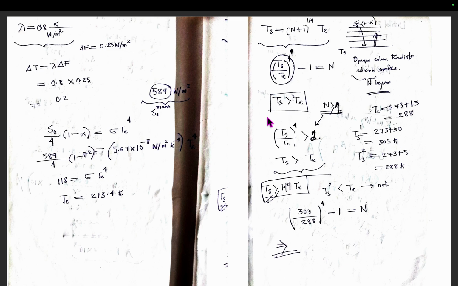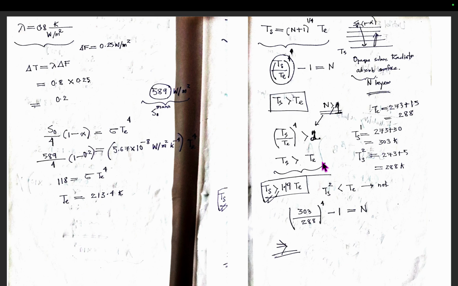Now if n is greater than 1, there is of course the one-layer surface. Then if n is greater than 1, (Ts by Te) to the power 4 must be greater than 2. So for any planet to satisfy this n-layer approximation, Ts must be greater than or equal to 2 to the power 1 by 4 into Te.